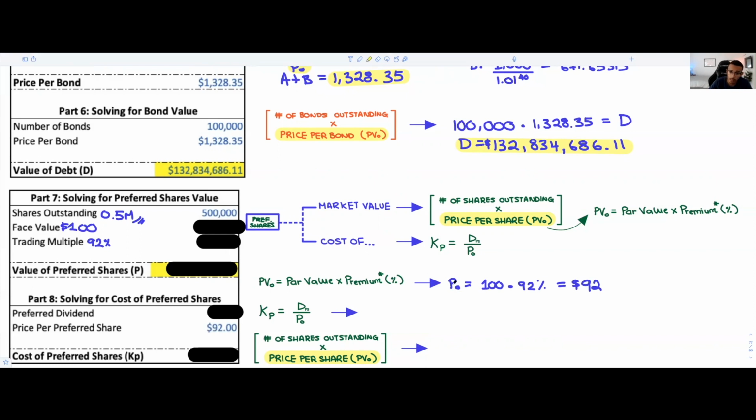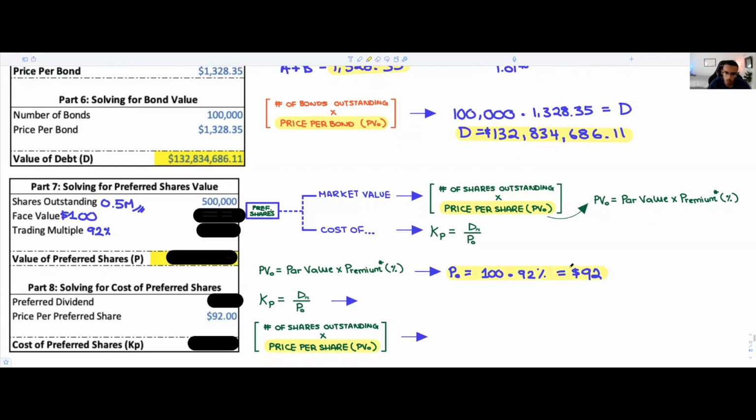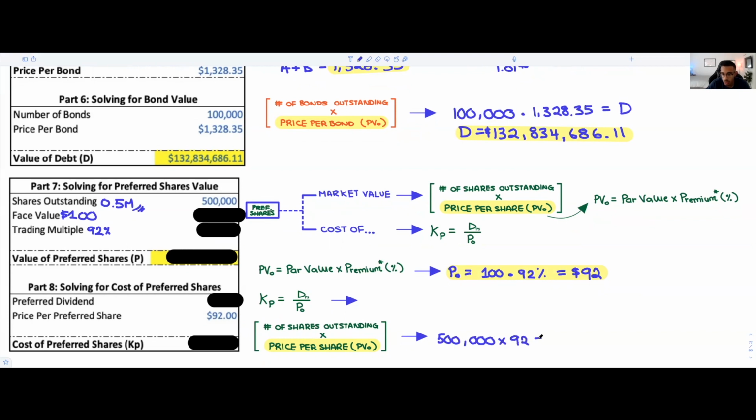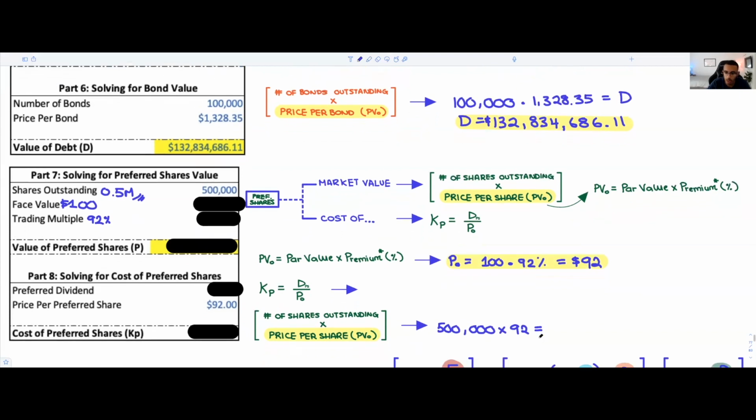Now that you have that, we'll skip a step and go straight into finding the value of our preferred shares. Because we know we have 500,000 preferred shares outstanding, and we know that they're trading at $92 each, we could go ahead and find the value for preferred shares.